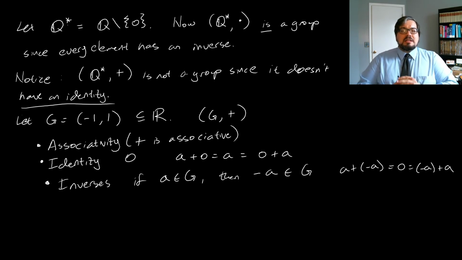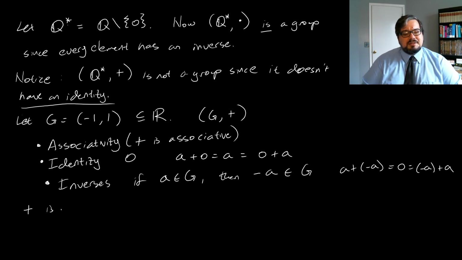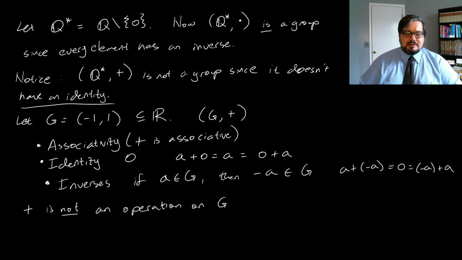So if we weren't careful, we would say, oh, well, then it looks like G is a group. But here's where we would make a mistake. Addition is not an operation on G. And the reason for that is because we say that G is not closed under addition.